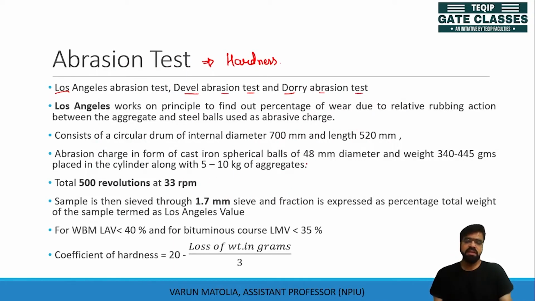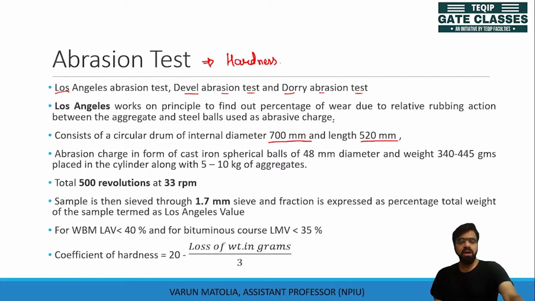So this is the test in which the Los Angeles abrasion apparatus is used. The drum size which we have seen is around 700 mm by 520 mm. The diameter is 700 mm and the length of the drum is 520 mm.